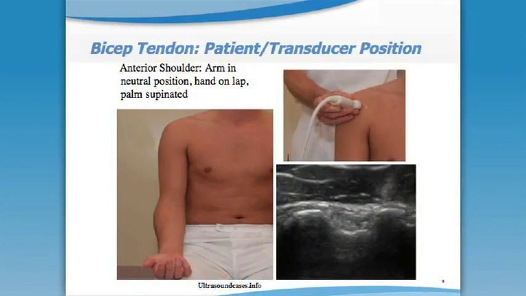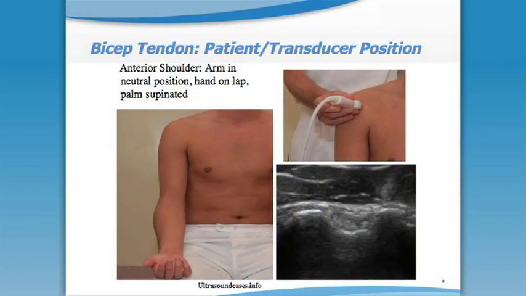So the shoulder examination begins with the biceps tendon, and there are a couple of anatomic landmarks that are very, very useful when doing rotator cuff sonography. When you get lost, go find the biceps tendon, and then your mind can wrap around everything you're seeing. The biceps tendon is done with the patient in a neutral position.